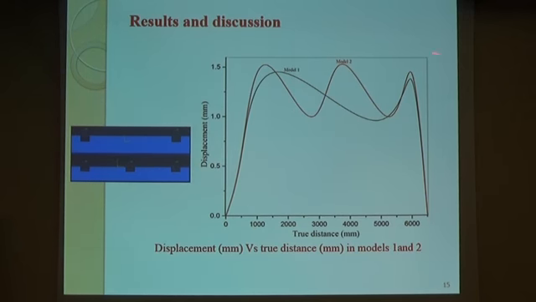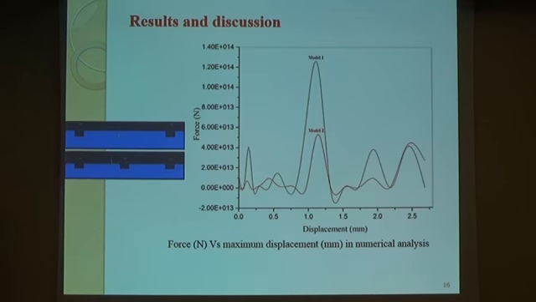Then we have here model 1 and model 2. In model 1, we have 2 points, and in model 3, we have 3 points. What we can understand is that when the number of foundations is increased, the differential settlement also increases. When we have 2, the differential settlement will be less.